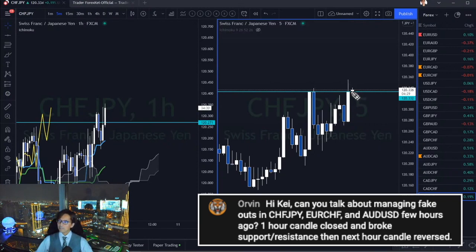If it closes above the resistance level, which is 120.33, then on the next candlestick, I will place a buy. But if it doesn't close above the previous resistance level, then it might be a double top as the market retraces backwards this way. So this is how you can read the price action.